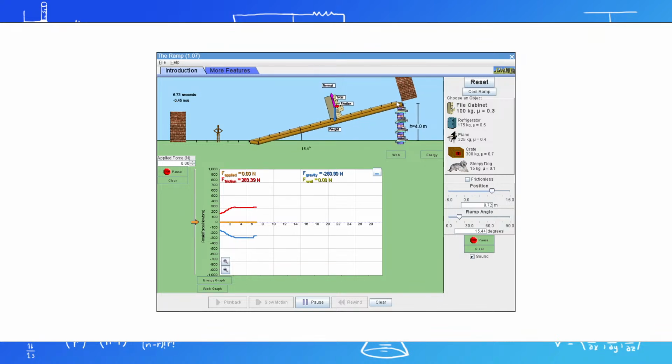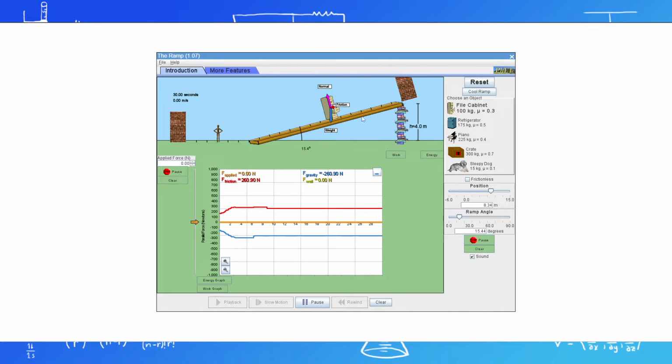Oh, and I just got it to start sliding. Don't want that. Yeah, there we go. I think that's a little bit better, a little bit easier to see, I would hope. I can't zoom it in using the browser. Oh well.